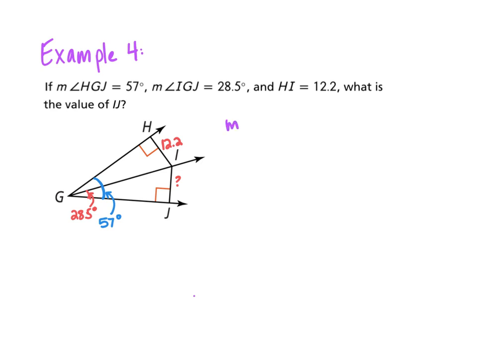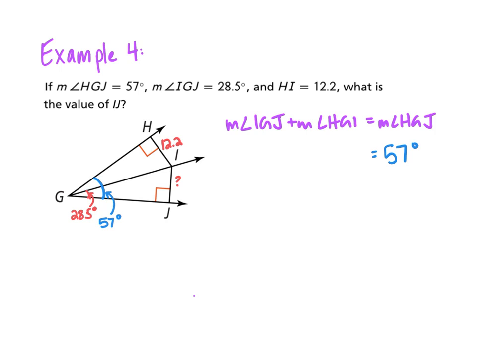We know that the measure of angle IGJ plus the measure of angle HGI would be equal to the measure of angle HGJ. What we're saying here is that these two angles should add up to this one big angle. And now if we substitute in some values that we know, for instance, we know that the measure of angle HGJ is 57 degrees.